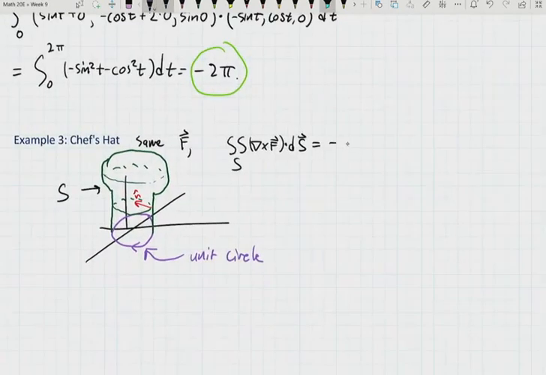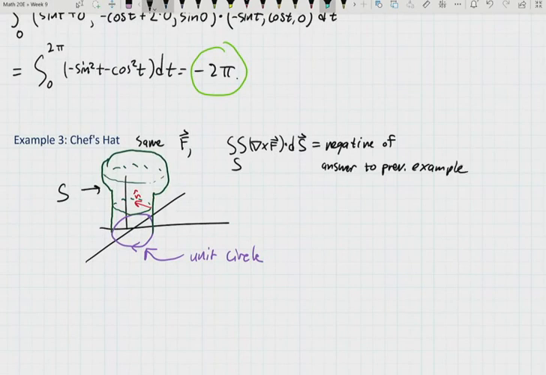So we should get the negative of the answer we got before. So we should just get positive 2 pi, because we just go around that same path, but in reverse. Cool. Okay, we'll do a bit more on this next time.